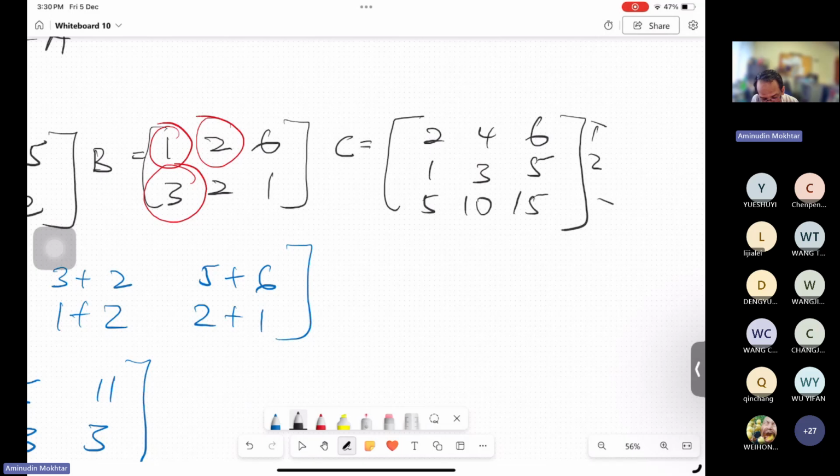The size of matrix C, the order of matrix C, is 3 times 3.